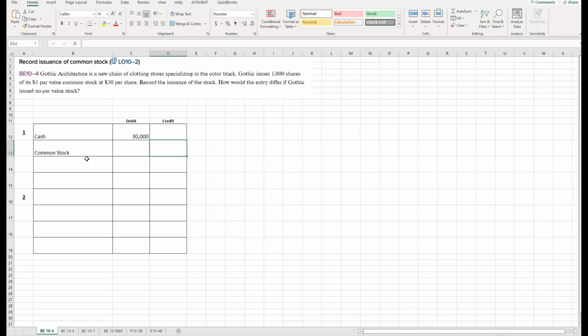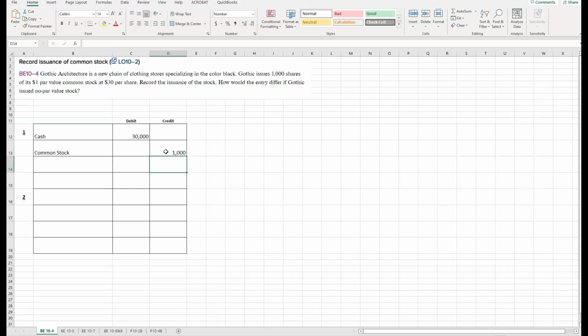The difference here, instead of just crediting $30,000 to common stock, we're only going to put par value in the common stock account. So the par value is $1 per share, so it's 1,000 shares times $1.